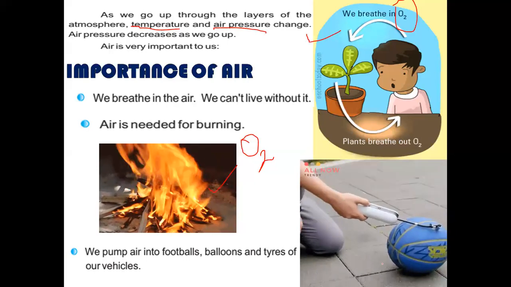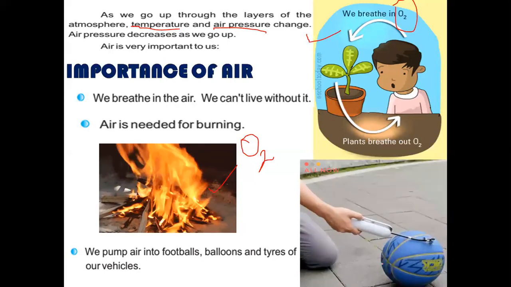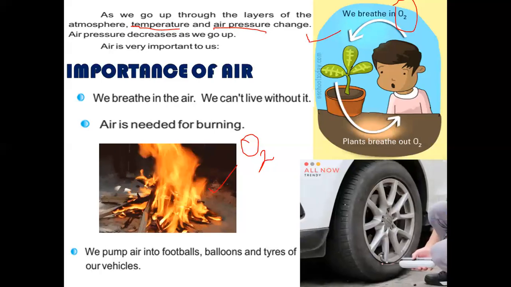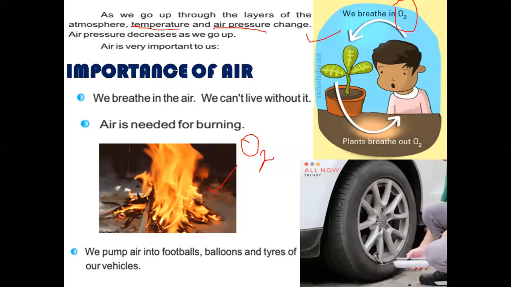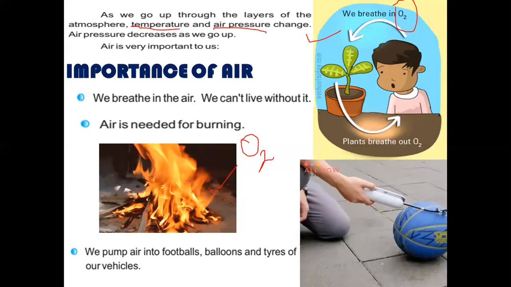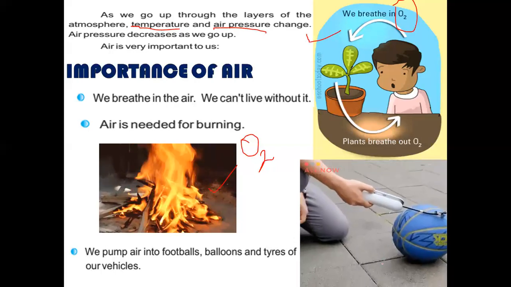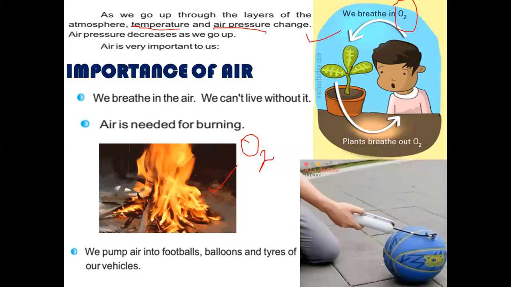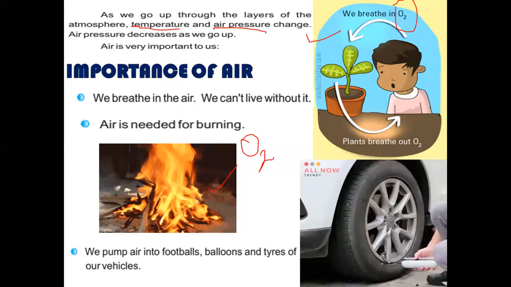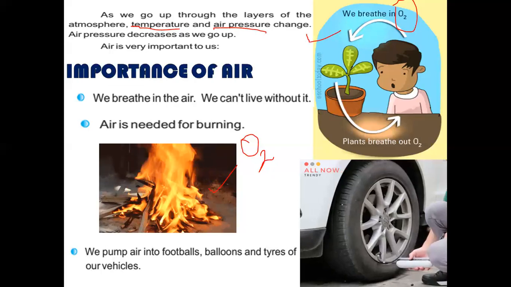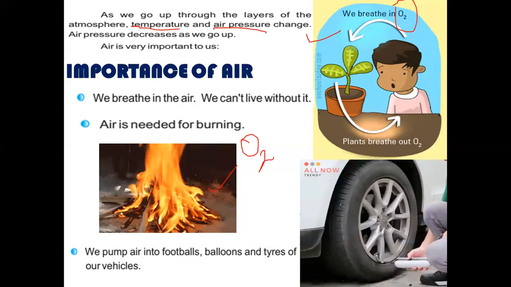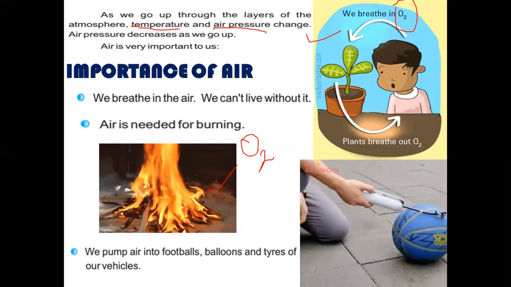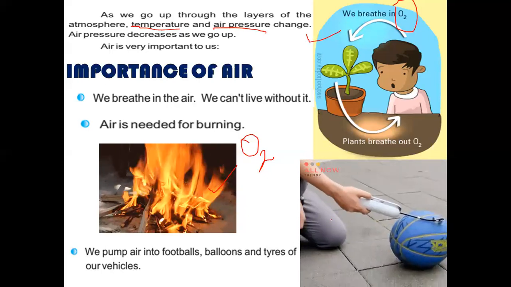What is the other name of the air which we fill in balloons, footballs, and vehicles? In grade 5, you studied this topic. That is called compressed air, because it comes out through a pump, through a very small nozzle from here. That's why it is called compressed air, and it is used to fill these rubber tubes and balls.